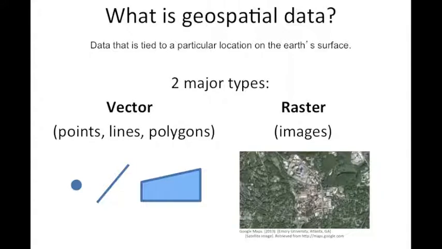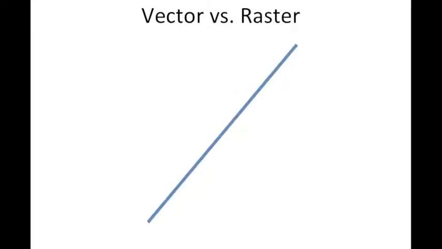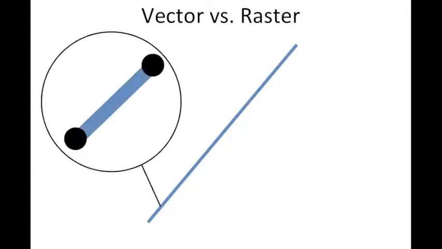Okay. So vector versus raster, just to go into this a little bit more, it's good vocabulary to have. You may have run into these terms before, like if you use Adobe Photoshop and Illustrator. Photoshop's more for raster data and Illustrator's more for vector images. But the difference is vector data, if we were to zoom in on this line, it's just 2 points that are connected by a line, and that's all that the computer is actually storing.